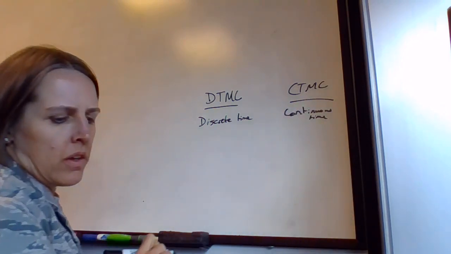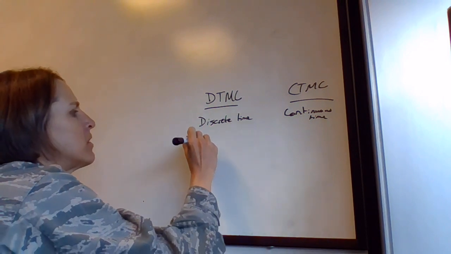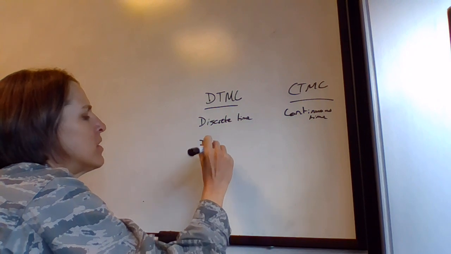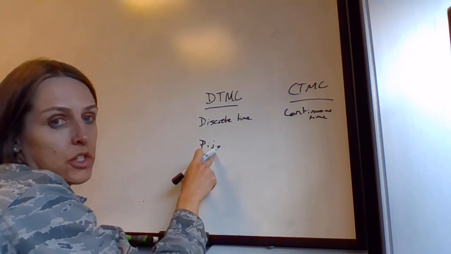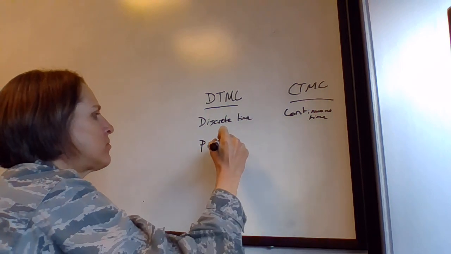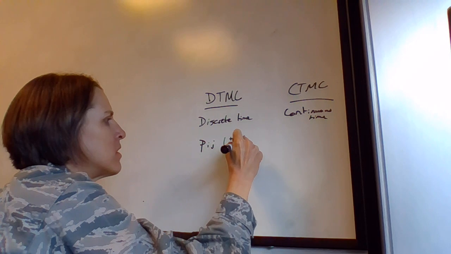Okay. Another one is that you're going to have transition probabilities, where Pij is the probability of transitioning from state i to state j in one increment. Okay, so these are going to be transition probabilities.